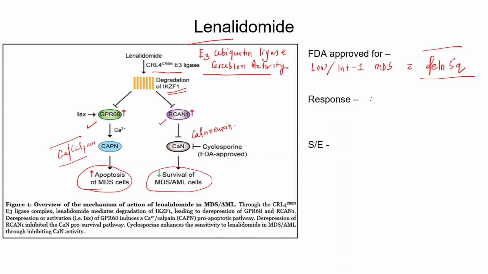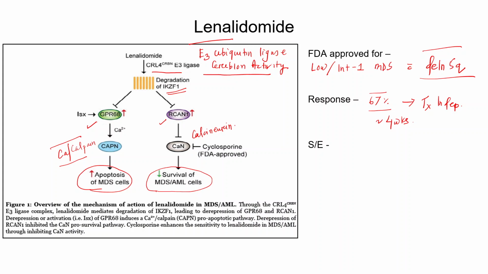The response was seen in 67% of the patients who became transfusion independent in around 4 weeks. But they have a very specific indication, that is, the patient should have a deletion 5q plus or minus other cytogenetic abnormalities. Deletion 5q has to be there to give this drug, lenalidomide.